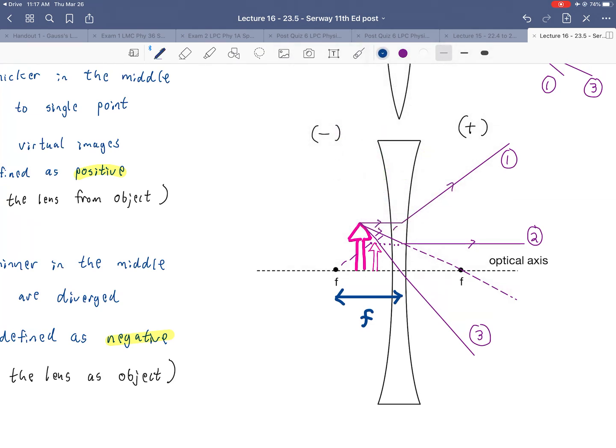So if I then was to label the S, S prime, and so on, this right here would be S, always positive, okay? And then we have S prime right here.